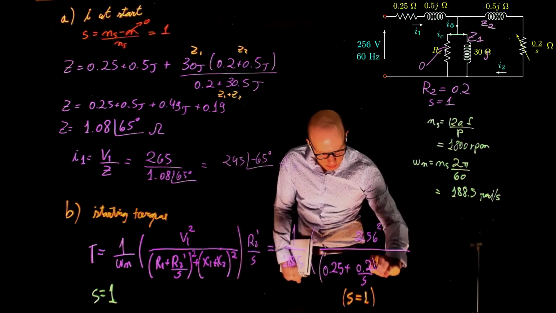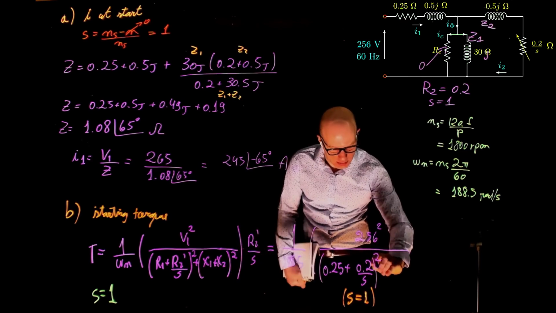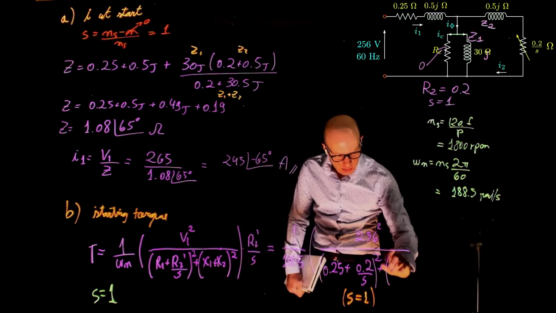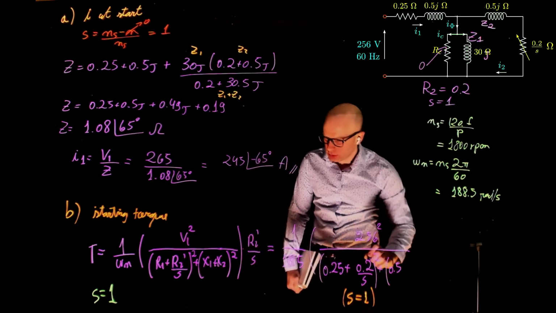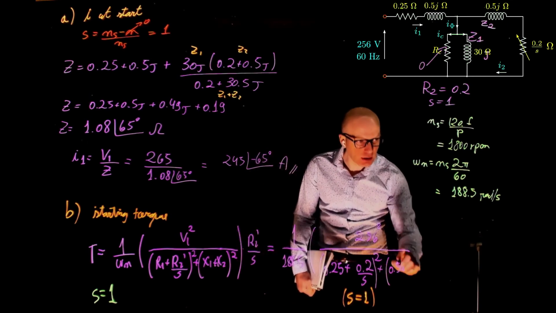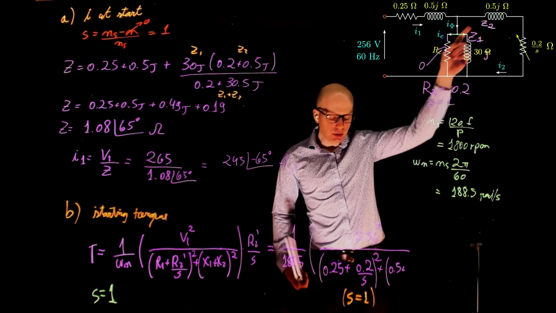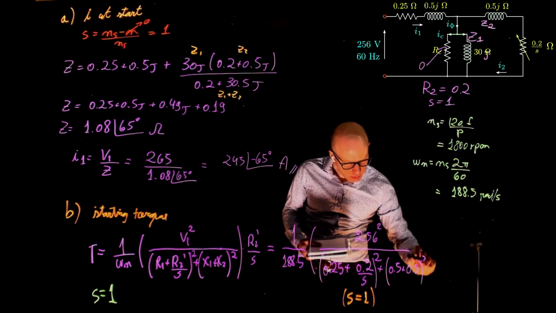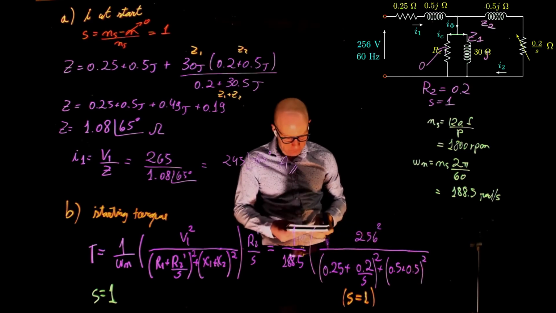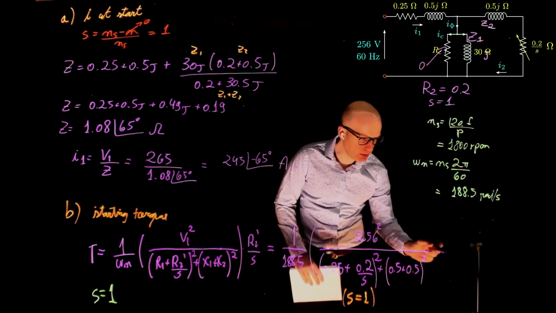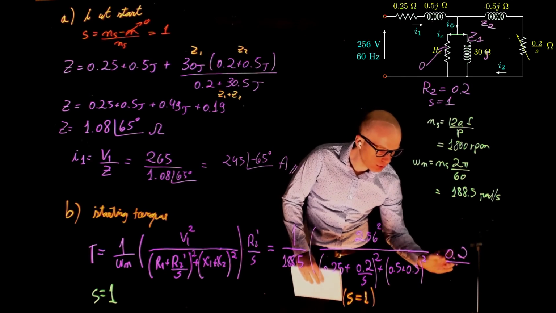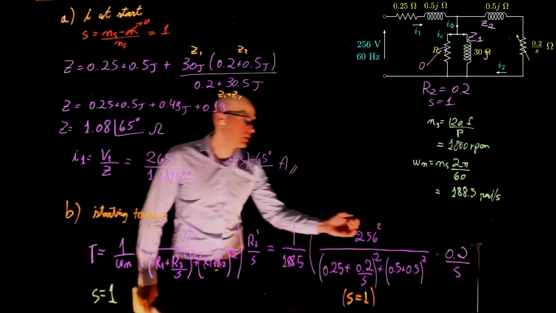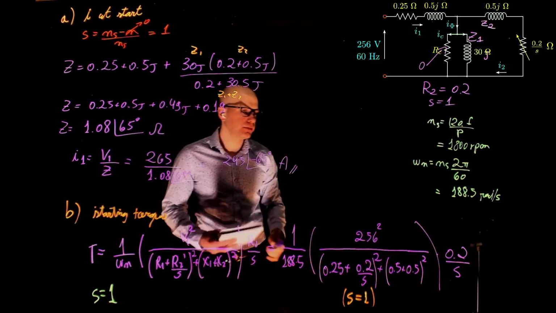Right, all that squared plus X1, 0.5, plus X2, which is also 0.5, squared, times R2 prime 0.2 over S. We have everything here, and I just close the parenthesis there.